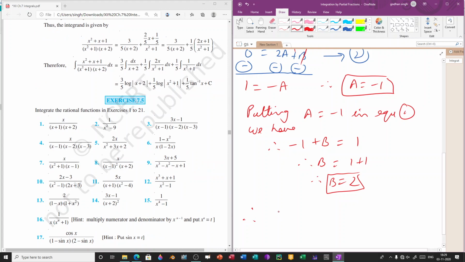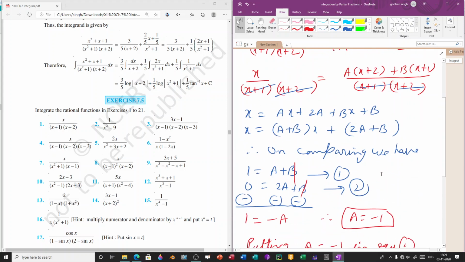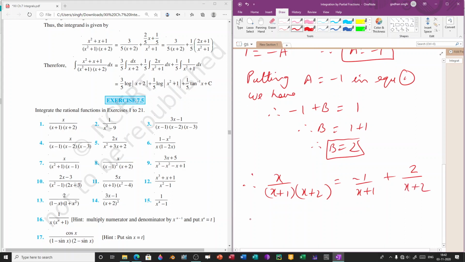Therefore, x over x plus 1 into x plus 2 equals, as we have written here, a over x plus 1 plus b over x plus 2. So in place of a, we put minus 1 over x plus 1 plus b, which is 2, over x plus 2.